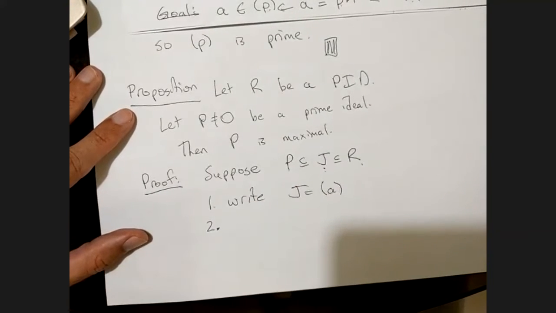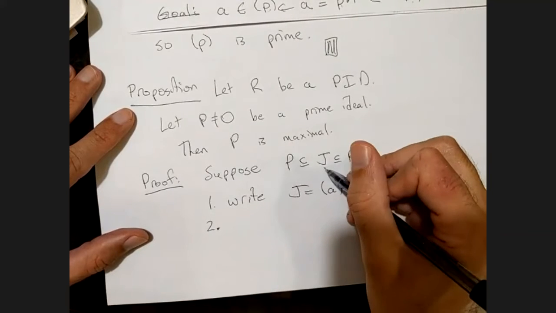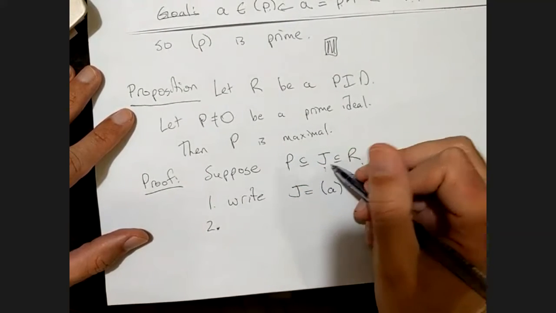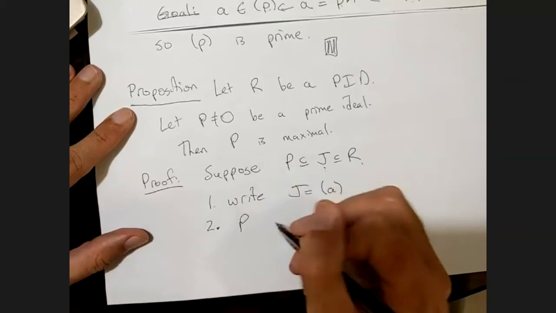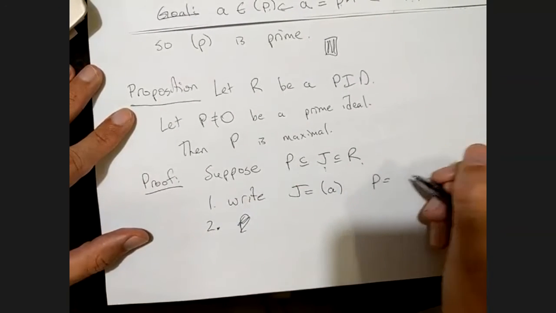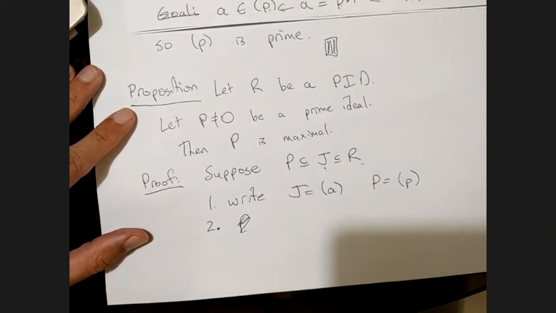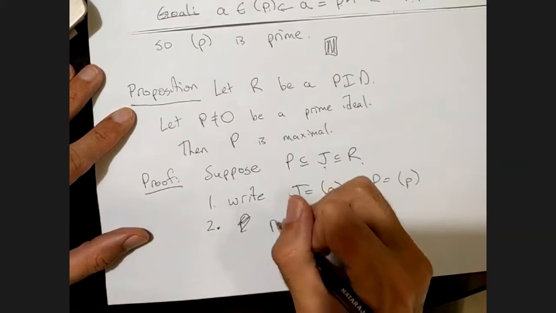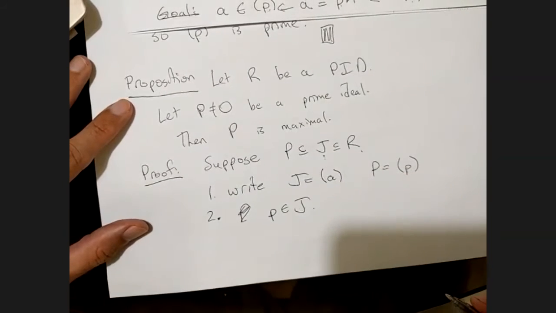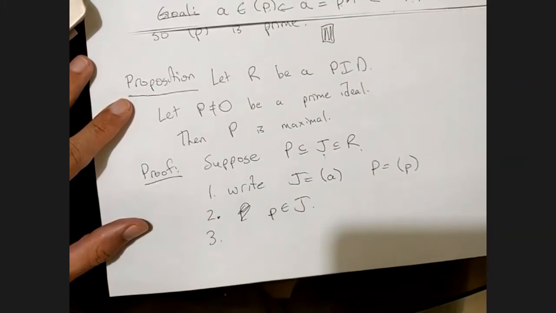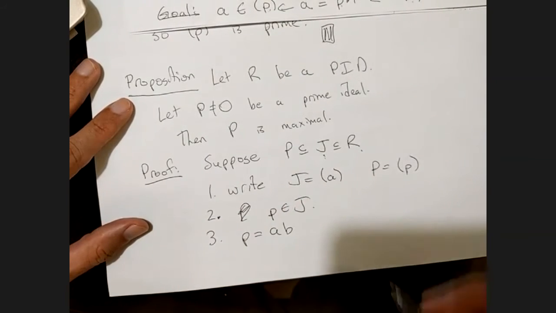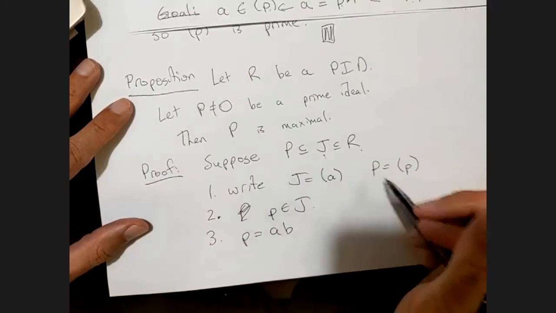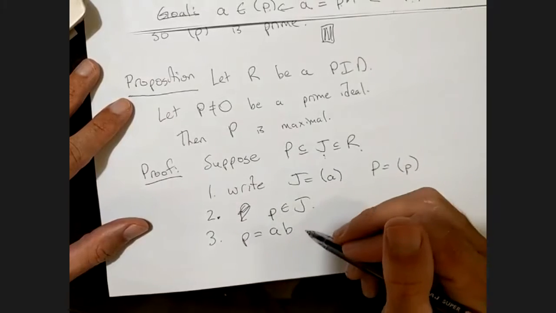Step two: since J contains P, P is in J. Step three: that means P equals A times B, because J is all the multiples of A, and P is an element of J, so P equals AB.